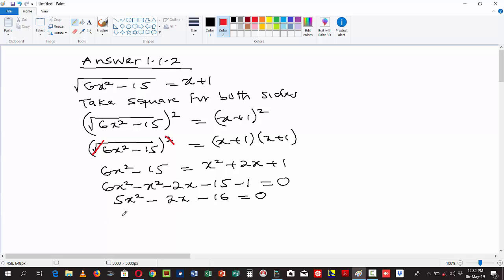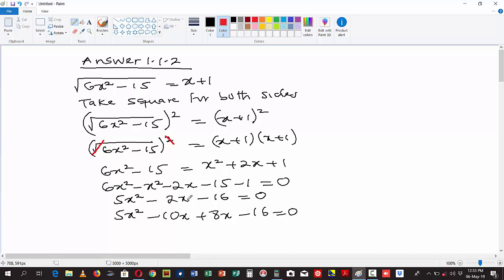So let us write it down. 5x squared minus 10x plus 8x minus 16 is equal to 0. Now, from here we can see that minus 10x plus 8x is going to give us minus 2x.